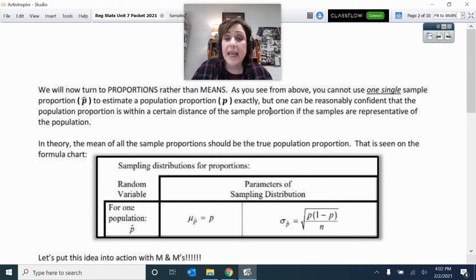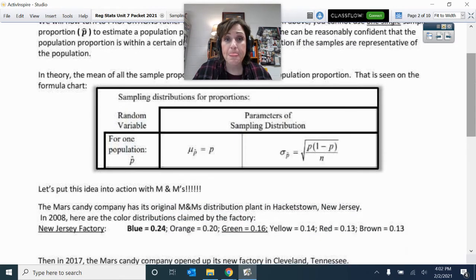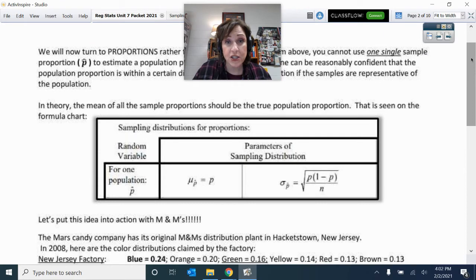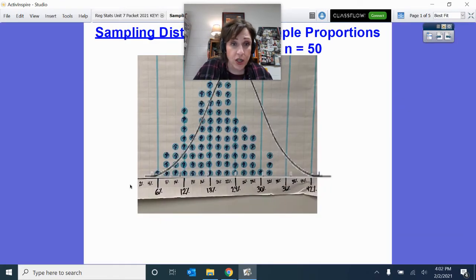Now, do you think that just you getting one little sticker, that one p hat, is going to be a good representation for the population amount? Hopefully you say no to that, because I doubt one sample is going to be like the population. You could be one of these little samples way over here.